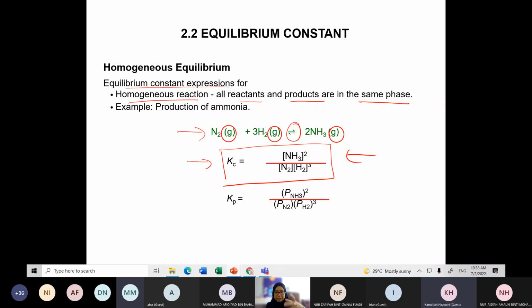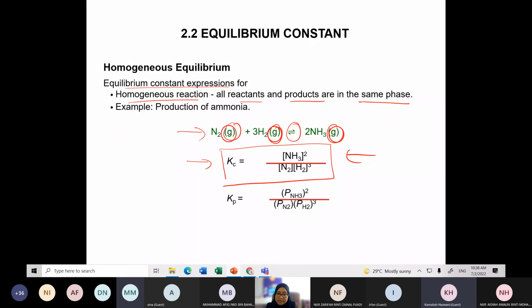The Kc is expressed as the concentration of products over the concentration of reactants, raised to their powers. If it is a gas, we only consider gas and aqueous, not solid, because solid does not have a concentration.